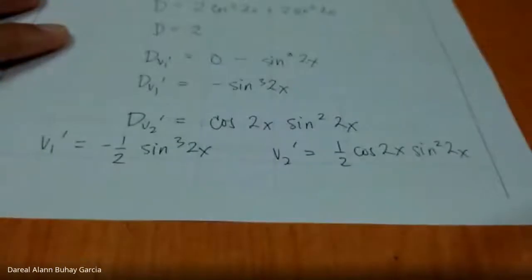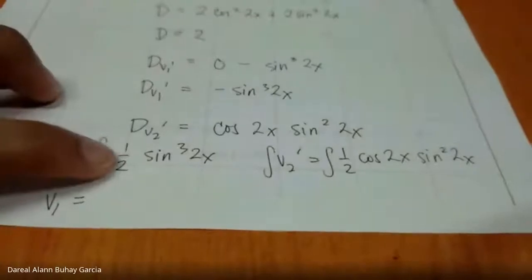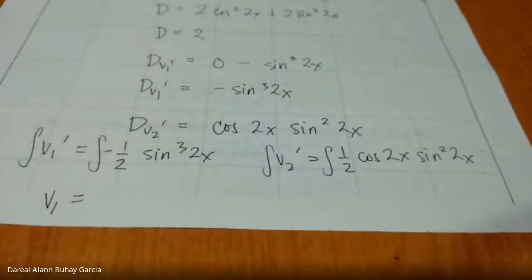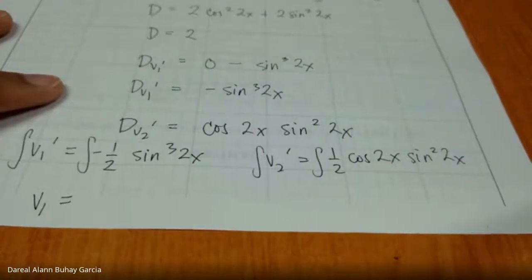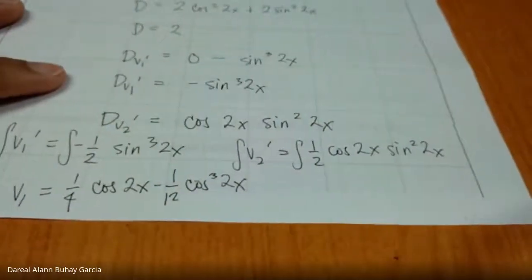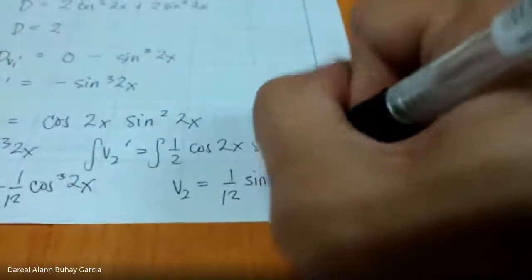Integrating both sides will give us v1. I'm sure you integrated these already, based on your seatwork answers. So this is the answer: v1 is 1/4 cos 2x minus 1/12 cos cubed 2x, and v2 is 1/12 sine cubed 2x.